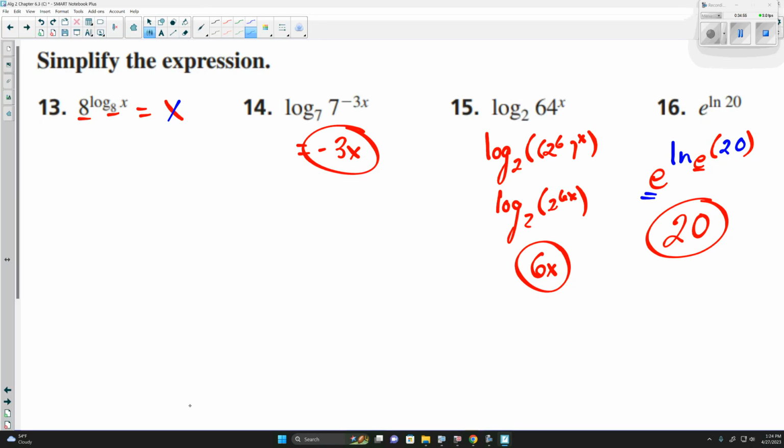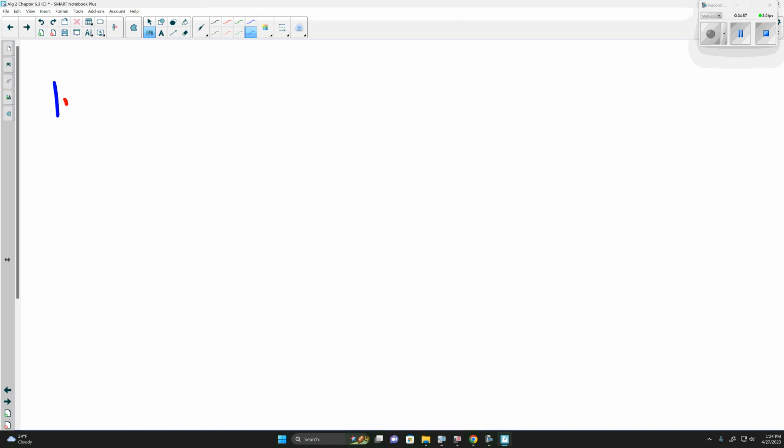I didn't show this earlier. If we did ln of e, it actually works out to be 1. The way I kind of remember this, if I have ln of e, it is 1.